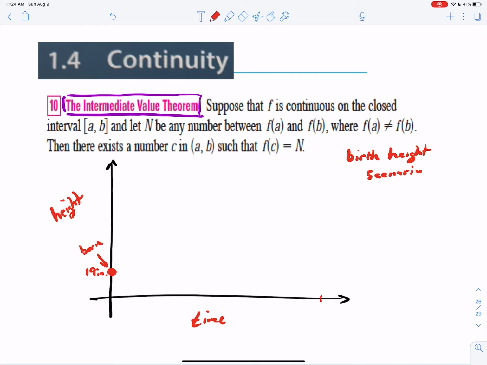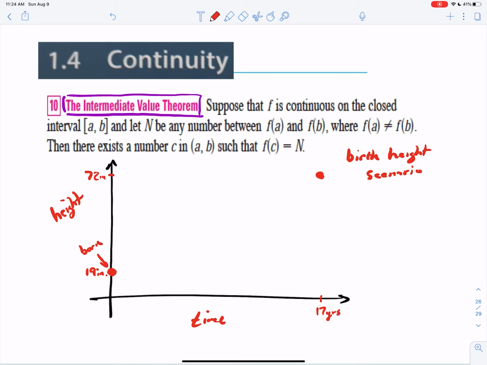Now at 17 years, she is 72 inches. Okay?